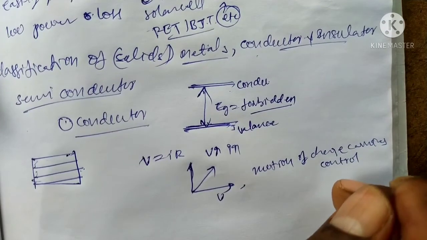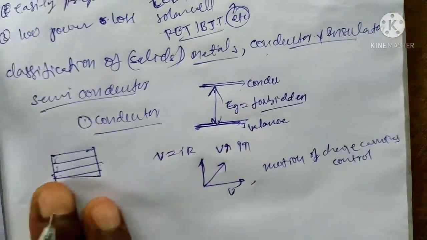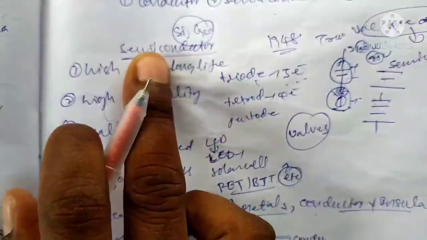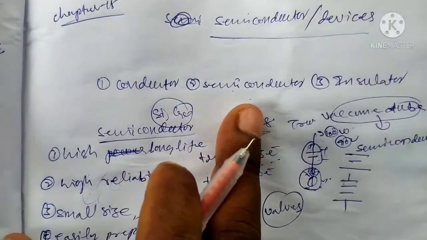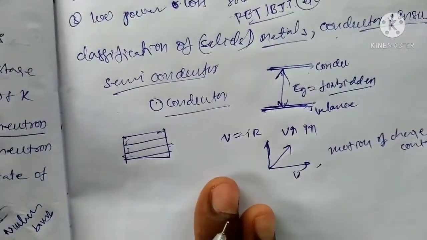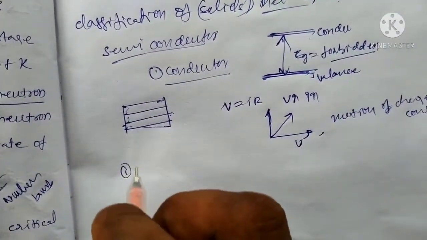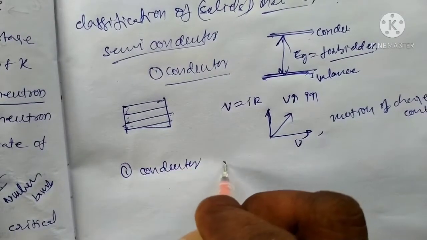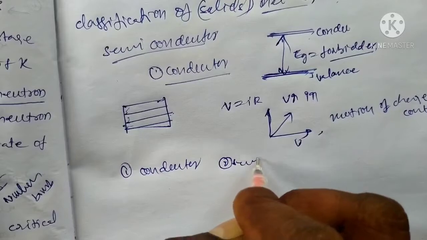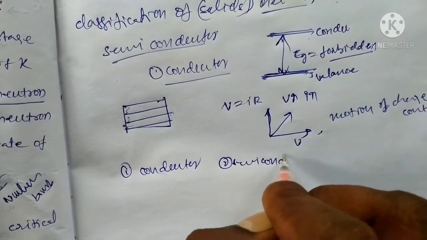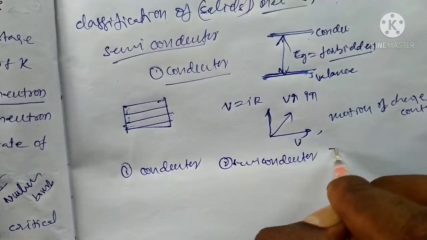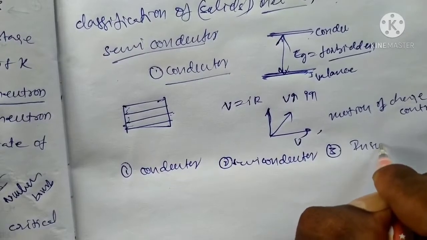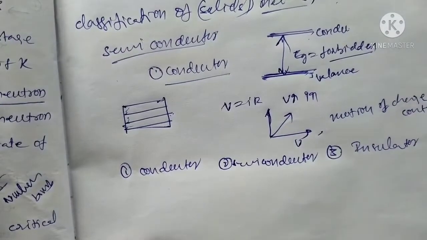Okay, now we are going to the classification of solids: conductor, semiconductor, insulator. One is conductor, second one is semiconductor, third one is insulator.